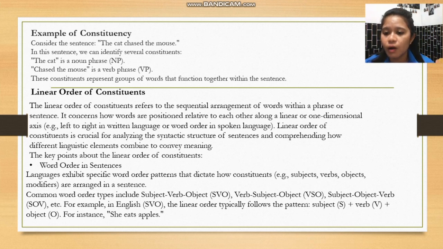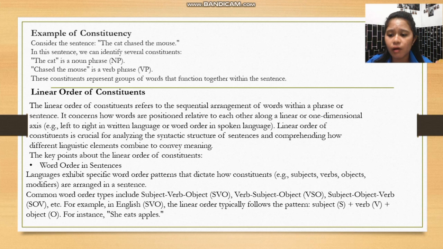Linear order of constituents. The linear order of constituents refers to the sequential arrangement of words within a phrase or sentence. It describes how words are positioned relative to each other along a linear or one-dimensional axis, for example left to right in written language or word order in spoken language.